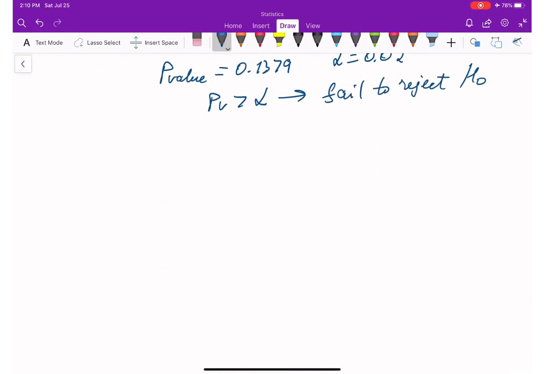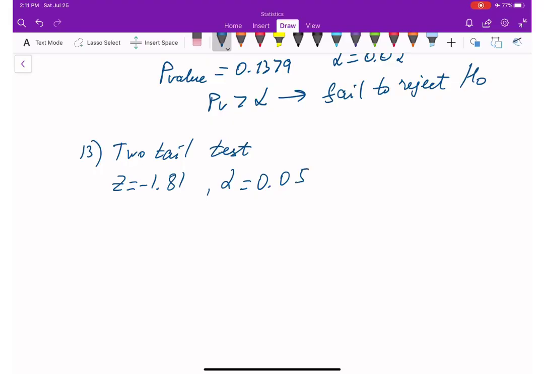Question number 13. We have a two-tail test. The z-score is equal to negative 1.81 and alpha is equal to 0.05.